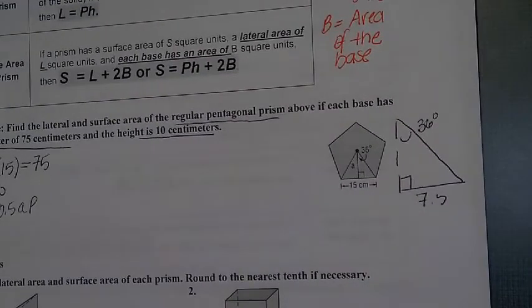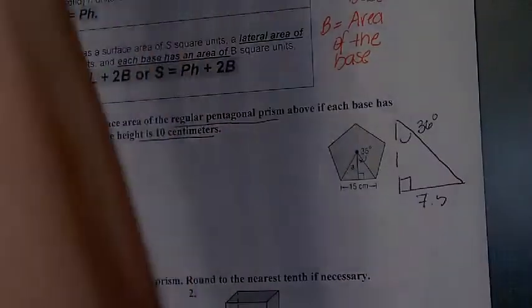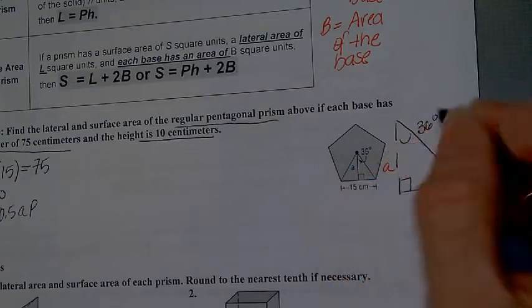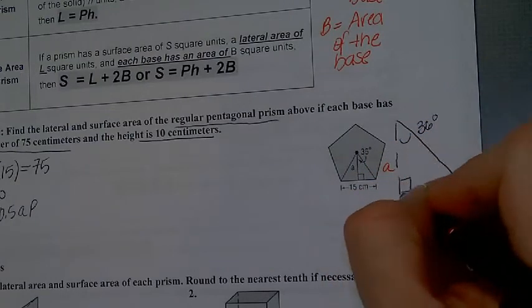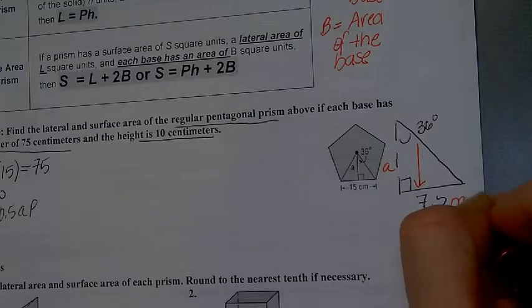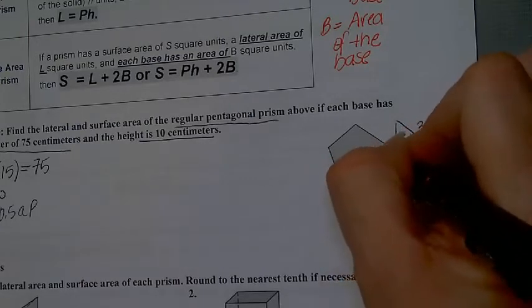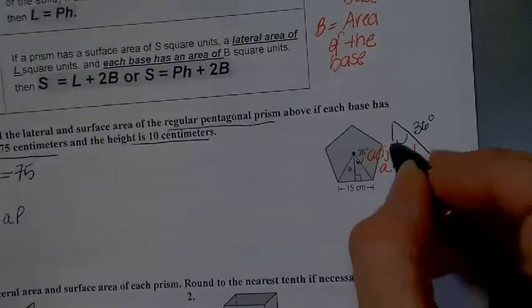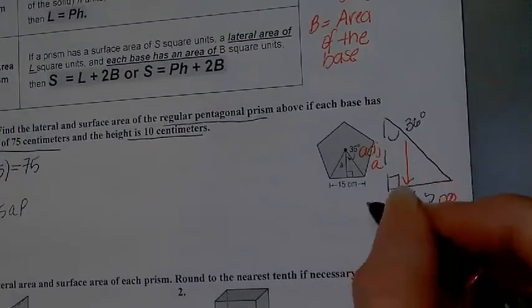All right, so let's use our trig functions. We need to find the apothem. I'm given this is opposite, this is adjacent. So the formula that I use for opposite and adjacent to find that apothem is the tangent function.